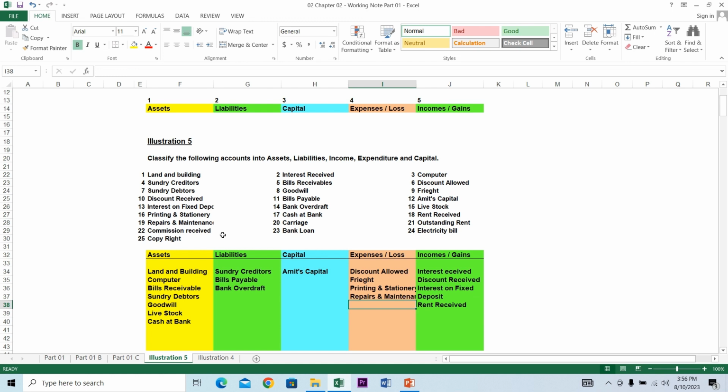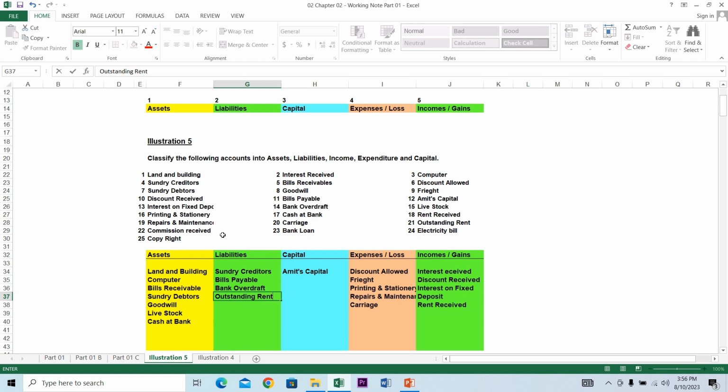Then 20th, carriage is an expenditure. Then outstanding rent is what? Rent देने का बाकी है, so that is a liability.